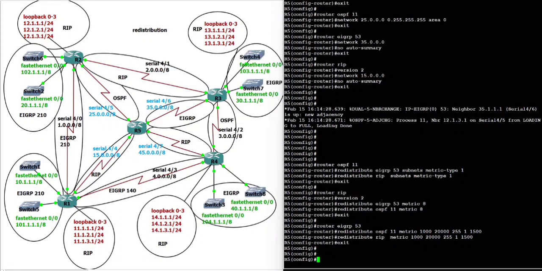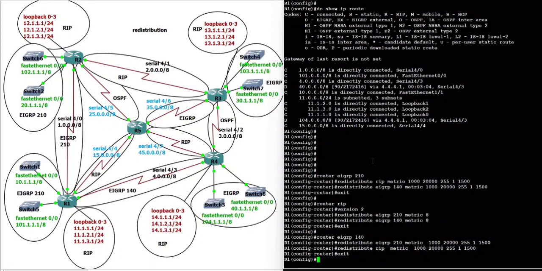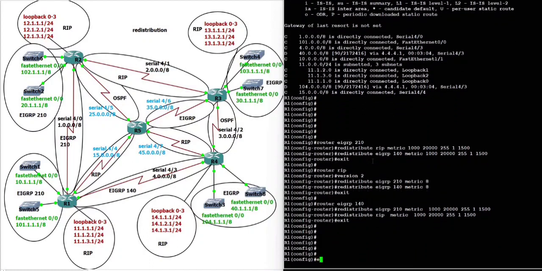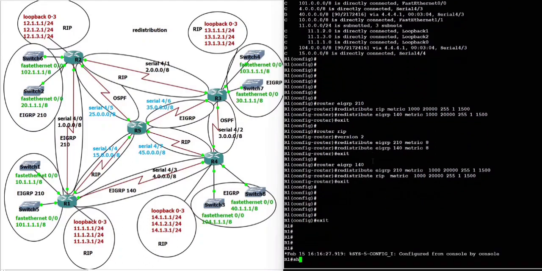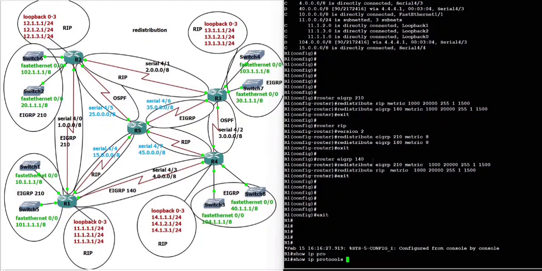In RIP redistribute EIGRP 53, OSPF 11. In EIGRP 53 redistribute OSPF 11 and RIP. Okay, let's check the redistribution. Okay, first exit, show IP protocol.